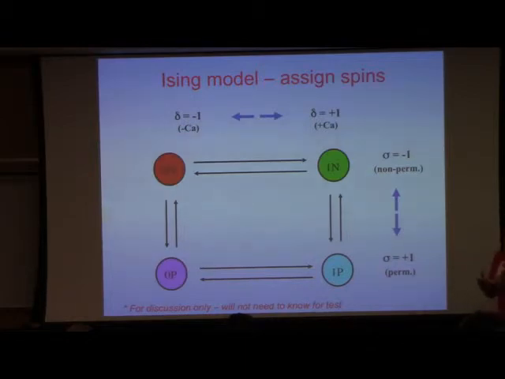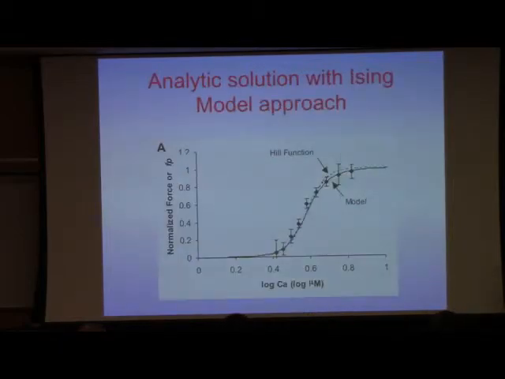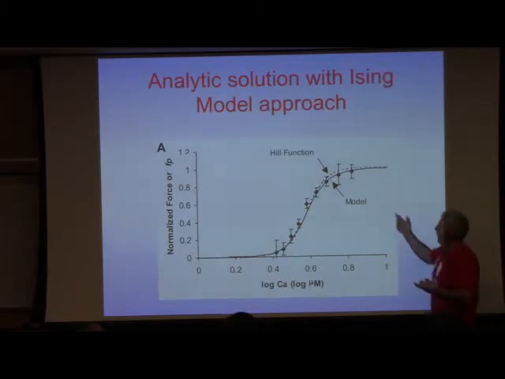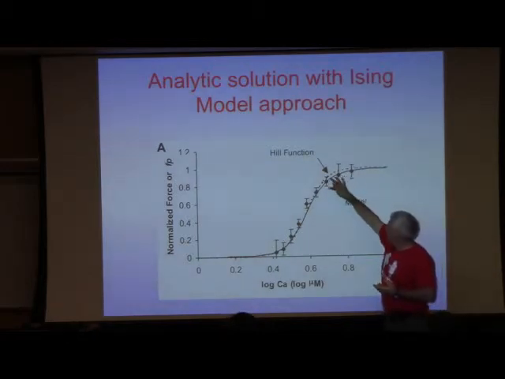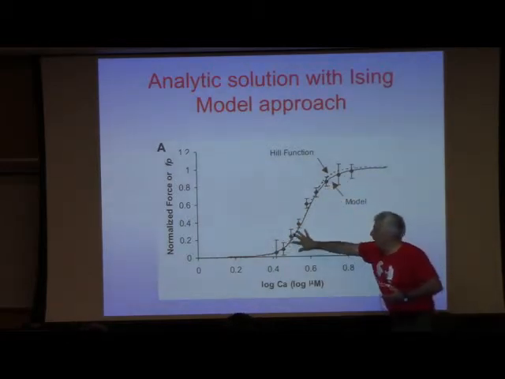And if you apply a magnetic field, they tend to align one way or the other. But they're constantly flipping. So you have to, again, solve this problem of how do you figure out the ensemble behavior? It gets very complicated when you have coupling. So we were able to solve that, and we could figure out a model here shown by the solid line that very well fit the real data from muscle.